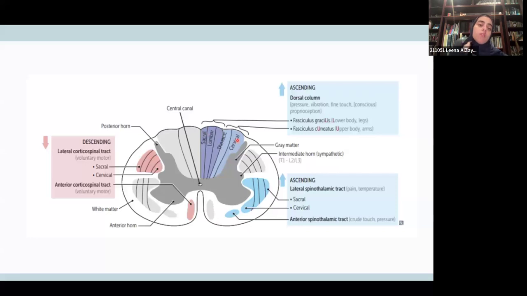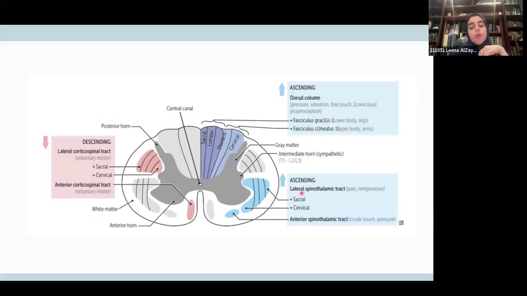So if you have injury to the cervical region, you have loss of pressure, vibration, fine touch, and conscious proprioception in your neck and upper limb. But if you have a problem in the medial aspect of the dorsal column, you would have problems in your lower limb, like loss of pressure in your legs and your toes, and so on.